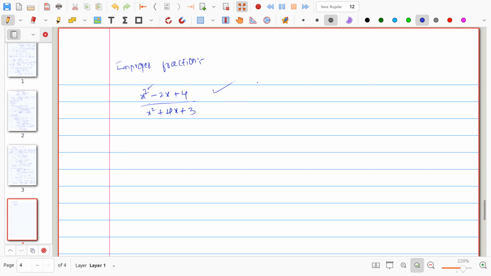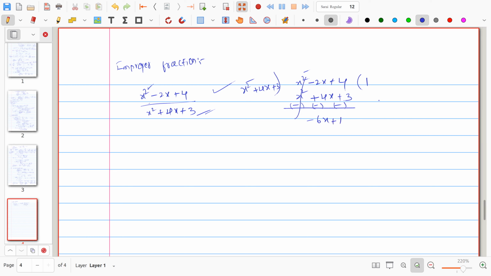Then what do we have to do? We have to divide x square minus 2x plus 4 by the denominator term, x square plus 4x plus 3. Here x square and x square, so we multiply by 1 and write x square plus 4x plus 3. Then the terms cancel, minus 6x, and plus 1 remains.